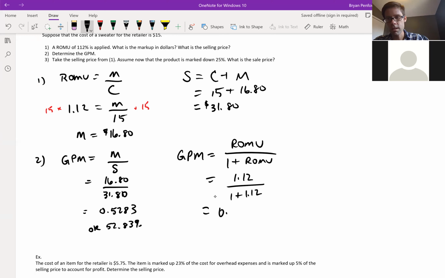Sweet, yeah, it does come out to be the exact same number for me. 0.5283 or 52.83%. There you go, a couple different ways to solve number 2 based on the two formulas that we know for the gross profit margin.